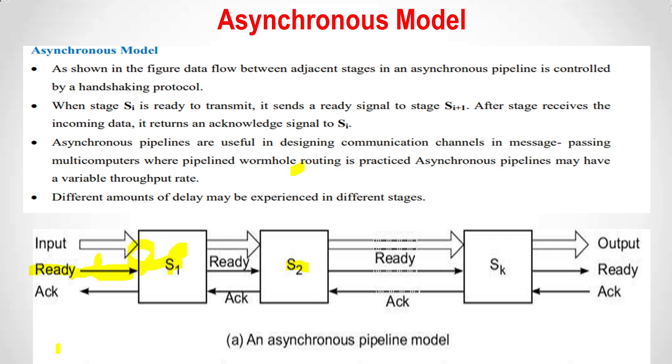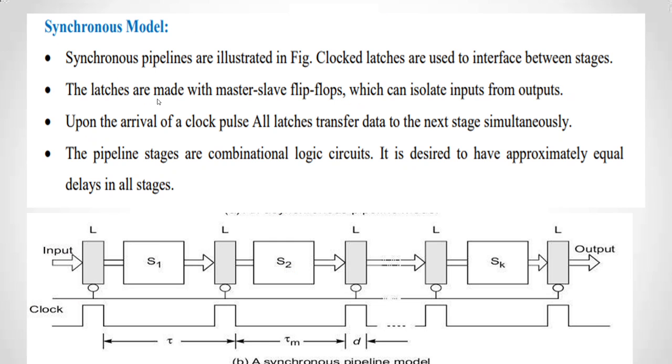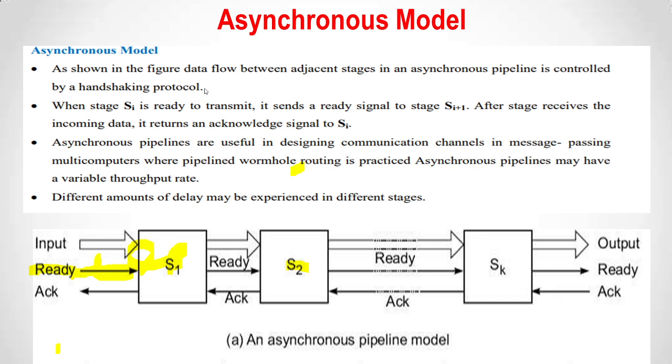Asynchronous means every stage has a ready signal as well as an acknowledgement based on the input it receives. Whenever it receives the data, it will acknowledge it. The main thing is this handshaking protocol.